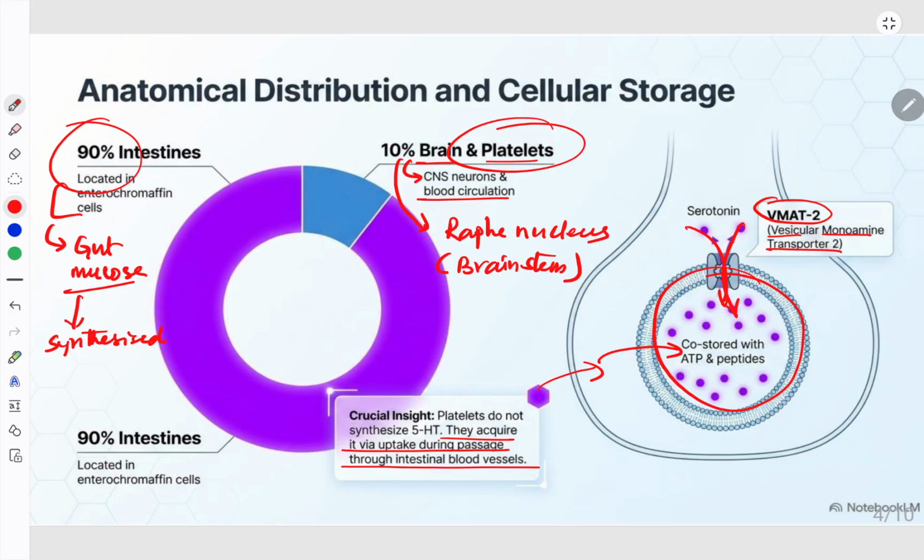This same transporter is also present in the serotonergic neurons. All the serotonin that is synthesized cannot stay in the cytosol because it will be hydrolyzed. Rather, it is immediately taken up into the storage vesicle with the help of VMAT2.